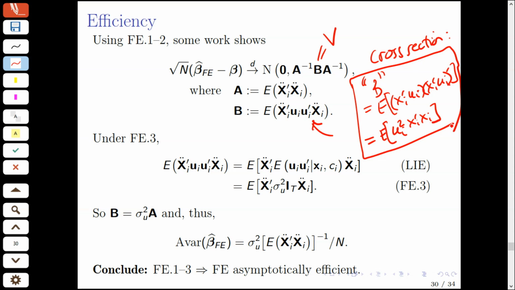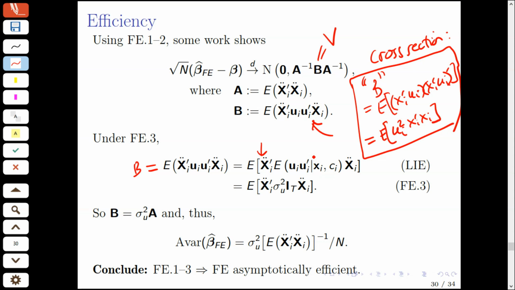Now, under our assumption, this homoscedasticity and no serial correlation type of assumption, the B matrix, which is written in this manner, can be calculated in 2 steps using iterated expectations. Now, since the within transformed regressors are just functions of x_i, upon controlling for x_i, they can be thought of as fixed.